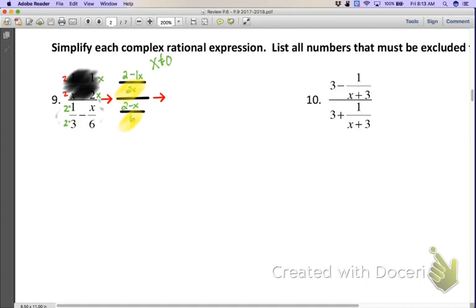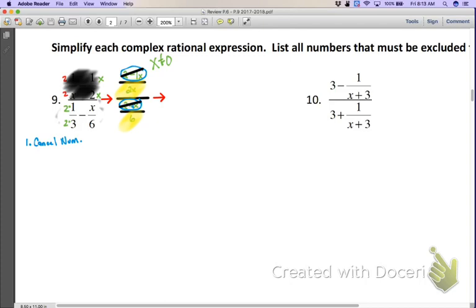Okay, so if we keep it stacked, then remember, first thing we do, cancel numerators. So we cancel any numerators that match. And I didn't do a very good job, that's just a 1x, right? Do the numerators match? 2 minus 1x and 2 minus 1x? Yeah. So those are going to cancel.